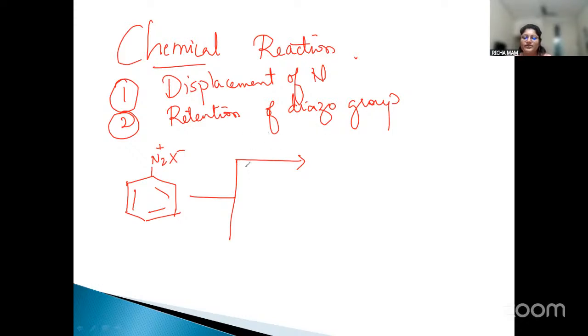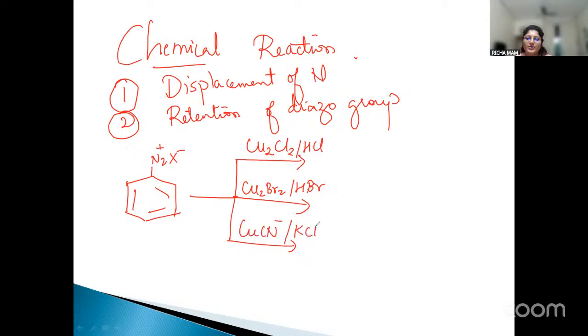If we are replacing it with a halide ion, you can react it with CuCl in the presence of HCl, or with Cu2Br2 in the presence of HBr, or with CuCN in the presence of HCl.